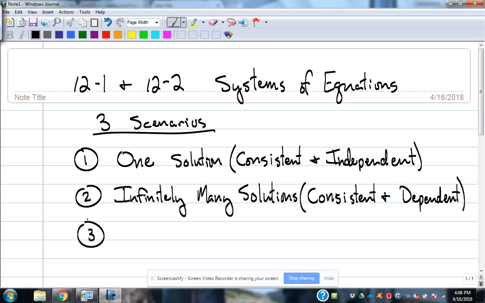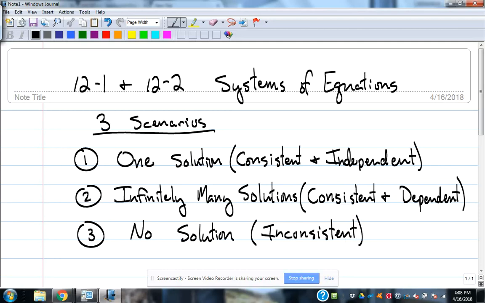The last scenario is the no good scenario in which there is no solution. And if consistent means there are answers, no answers would be inconsistent. Okay, inconsistent if there are no solutions.